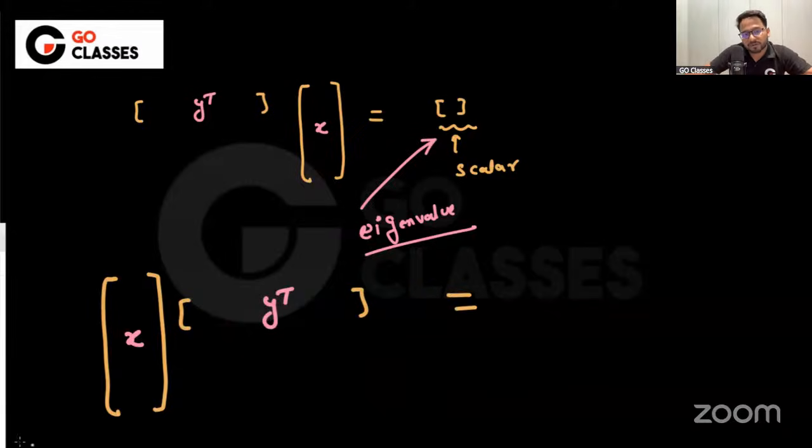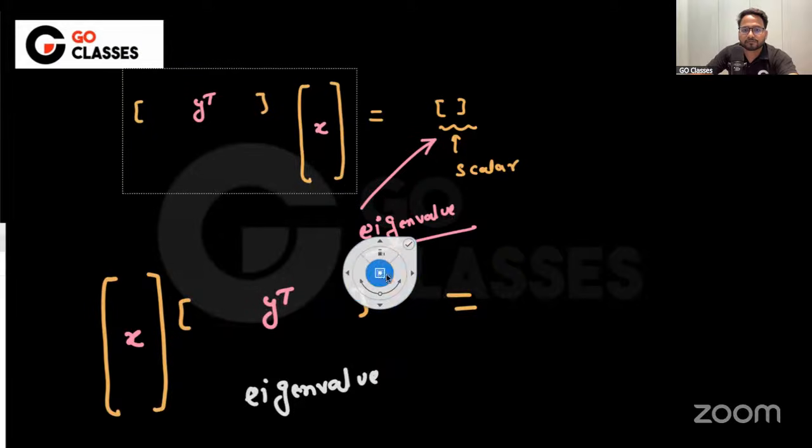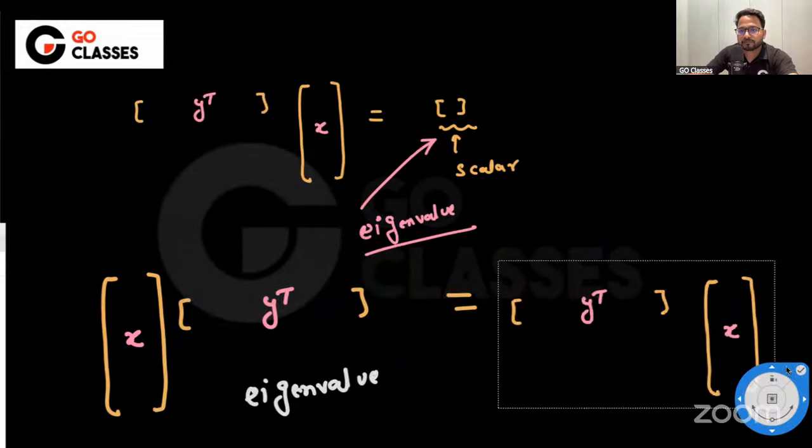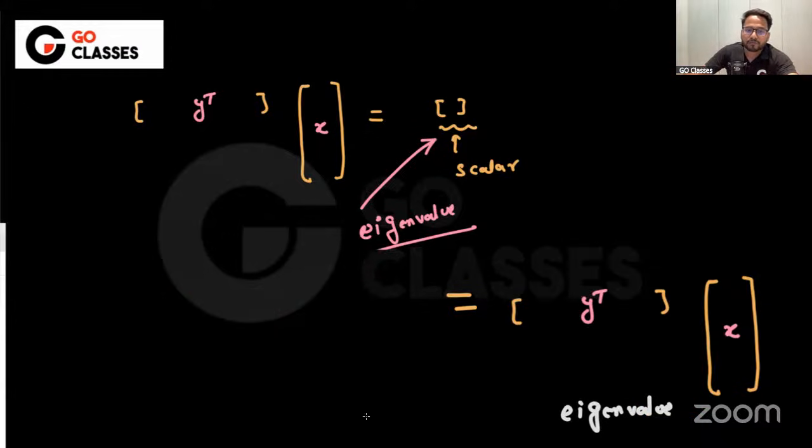The eigenvalue of this will be the same as the eigenvalue of this, because AB and BA have the same eigenvalues. Actually, non-zero eigenvalues will be the same, and this eigenvalue is just a scalar, right? Okay, so there is just one non-zero eigenvalue. For this matrix, there is just one non-zero eigenvalue, right?